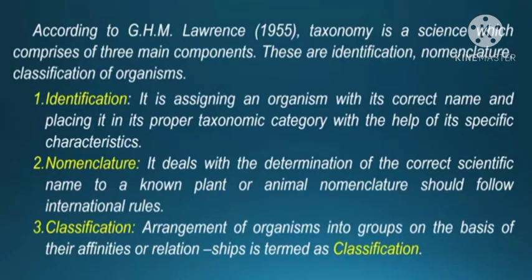It deals with the determination of the correct scientific name. For plant or animal nomenclature, we should follow international rules. Then classification: arrangement of organisms into groups on the basis of their affinities or relationship is termed as classification.